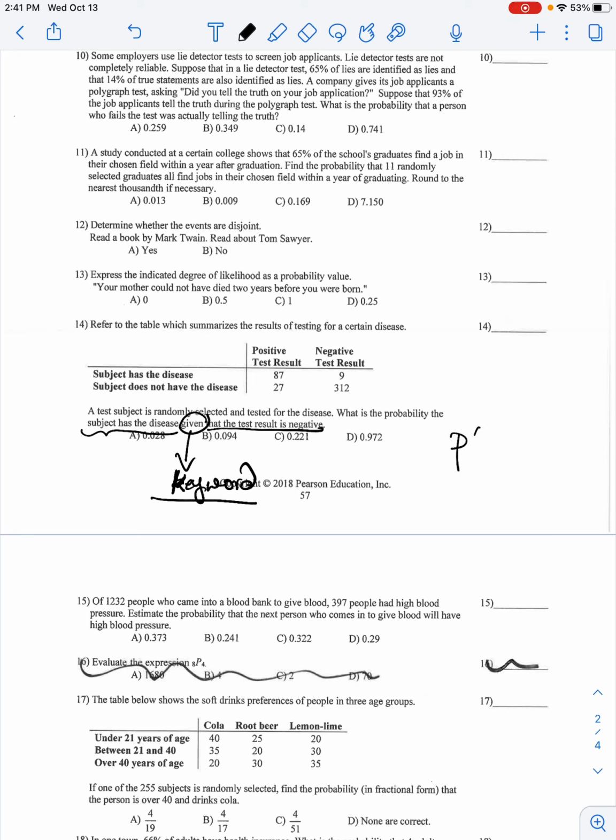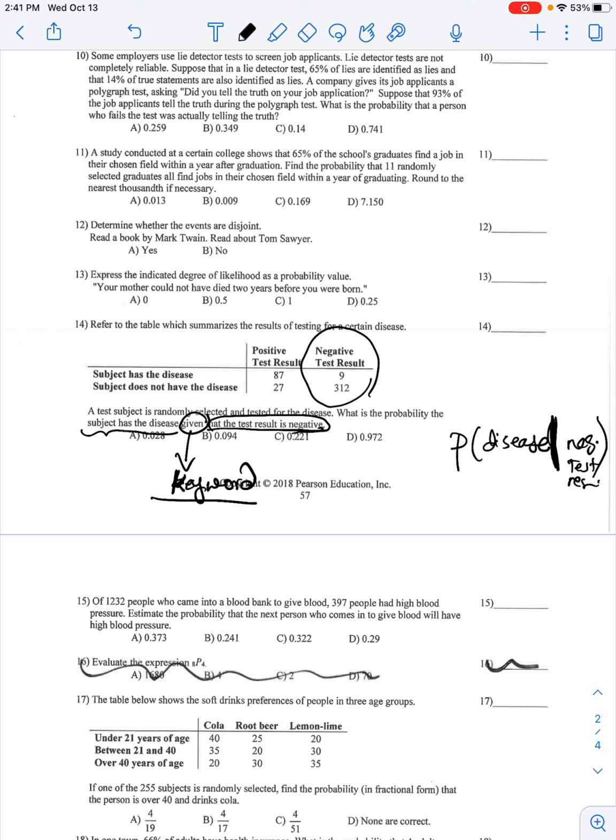So probability of disease given, we use a line, negative test result. For that one, you only look at population of negative test results because that seems to be the population we look at.